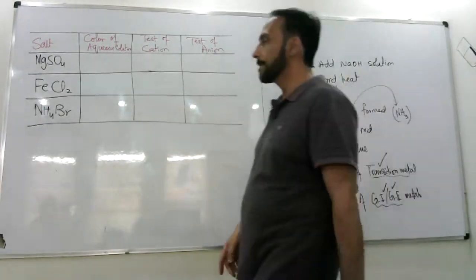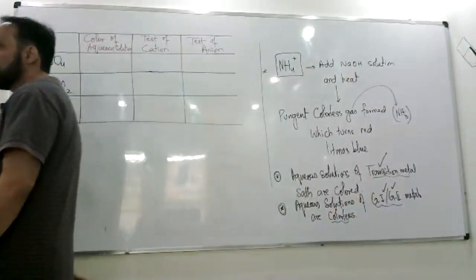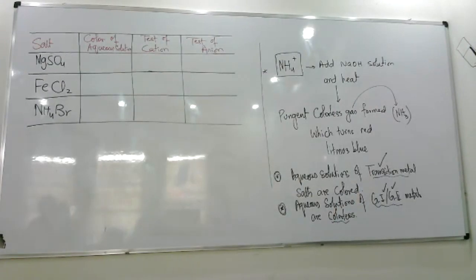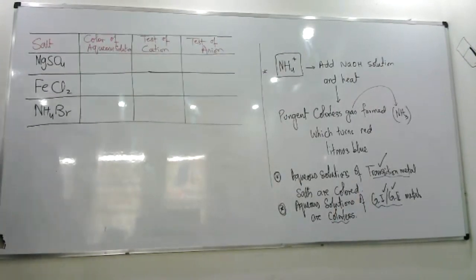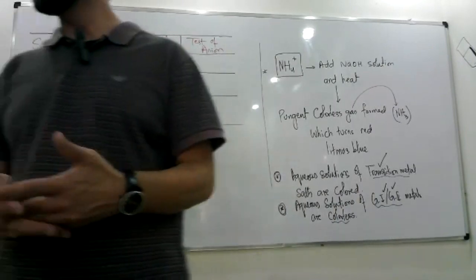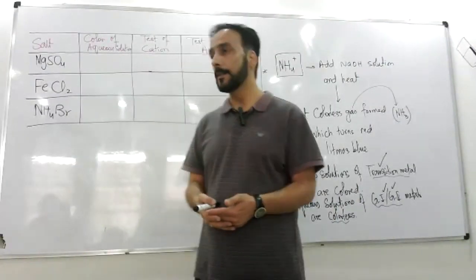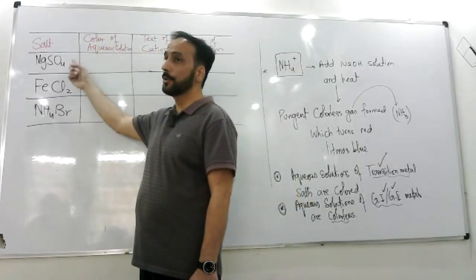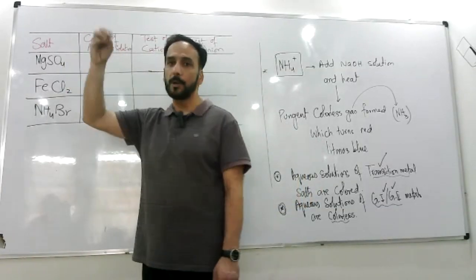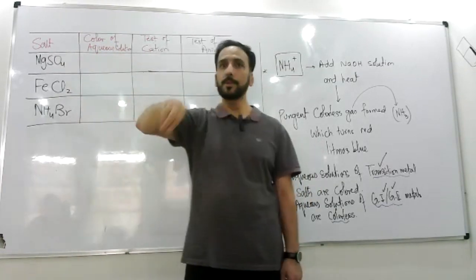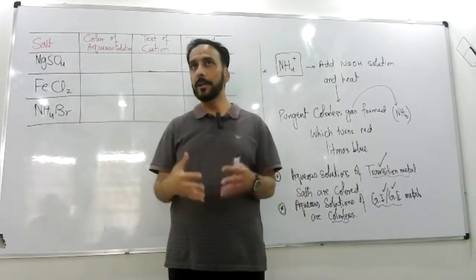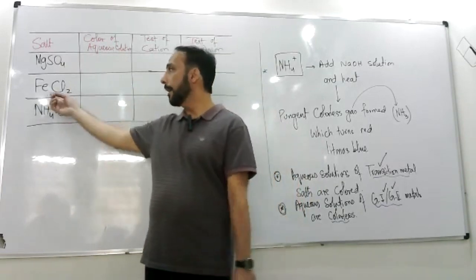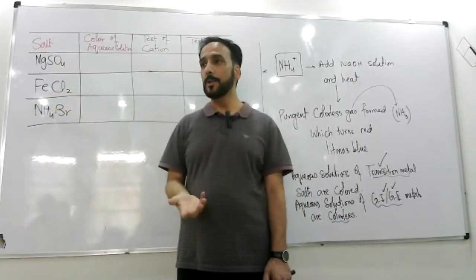So where do you think this magnesium is? Is it a transition metal, magnesium? Magnesium is in group 2. So that is not supposed to be colored. That will be colorless. So we'll write colorless here. The color of aqueous solution of this salt. Like if we put this salt in water, aqueous solution, what would be the color of that? It will be colorless. And then iron 2 chloride, iron is a transition metal.